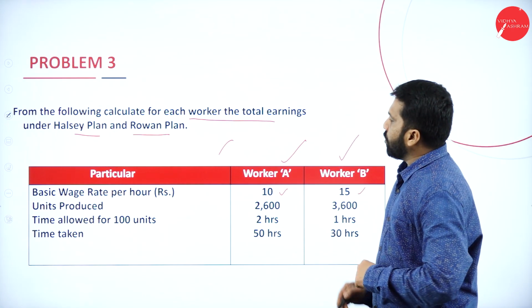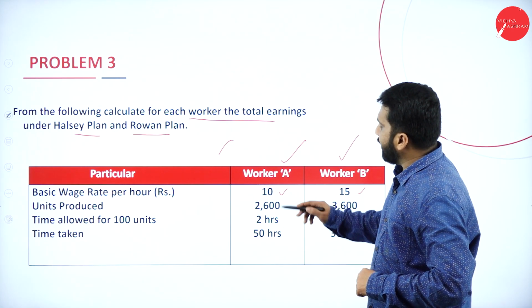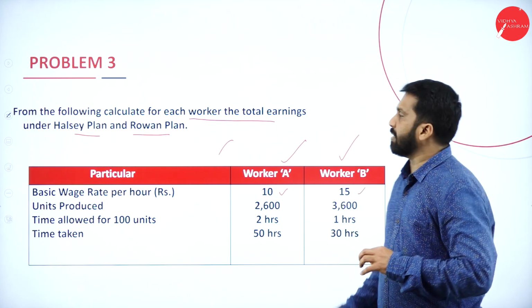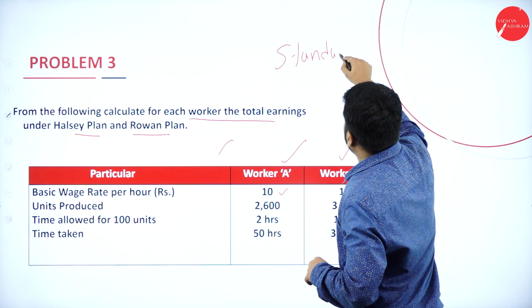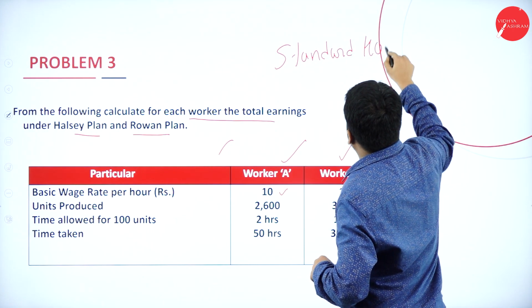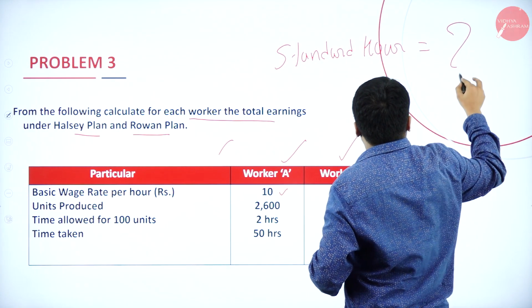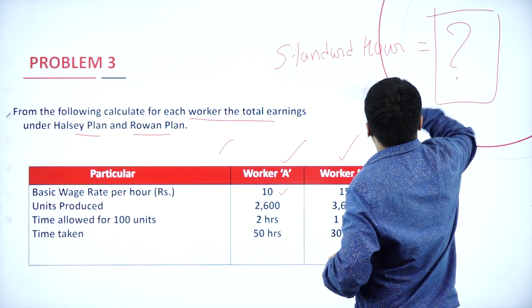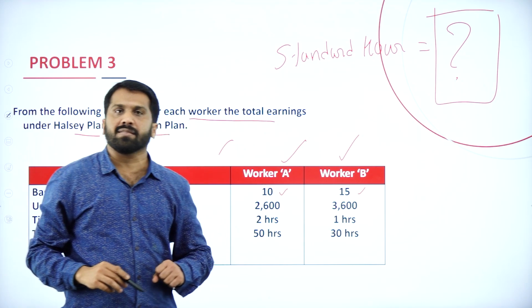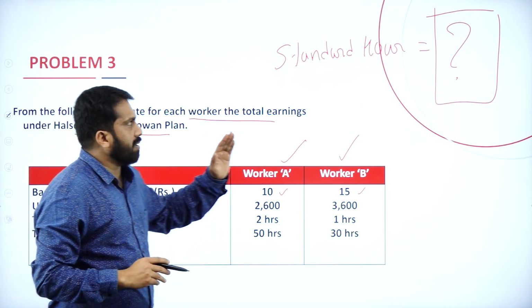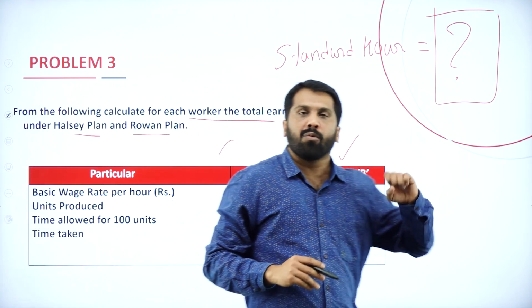Now, units produced. In this, they have not given the standard time. Remember, standard hour is not given. If the standard hour is not given, what to do?